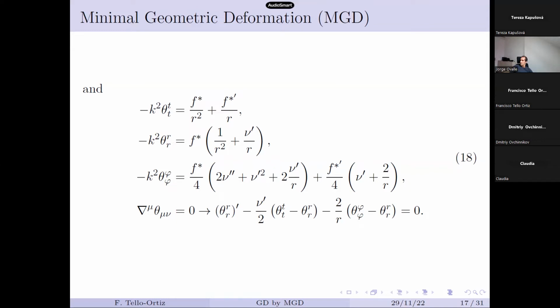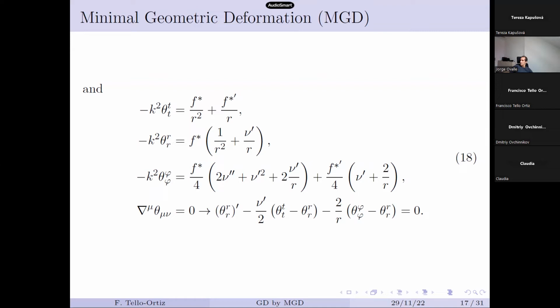As you can see, at first glance, the problem seems to be strange. I mean, I have started from a quite complicated energy momentum tensor. Then we have introduced a deformation function, okay?